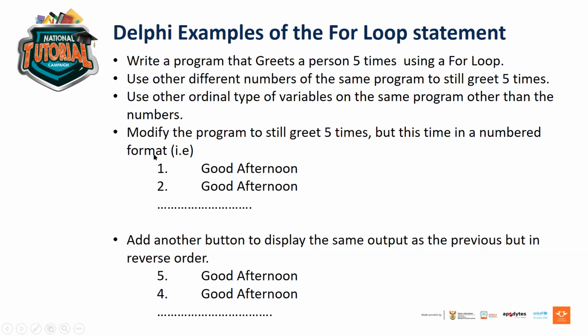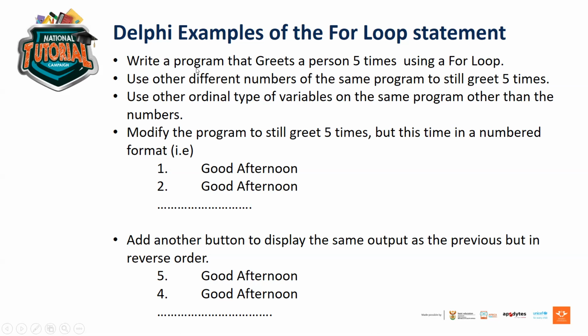If you have a computer with you, please make sure that you start off Delphi, whichever version of Delphi you're using. I'm going to guide you through how we can actually do looping 5 times so that it can greet 5 times.